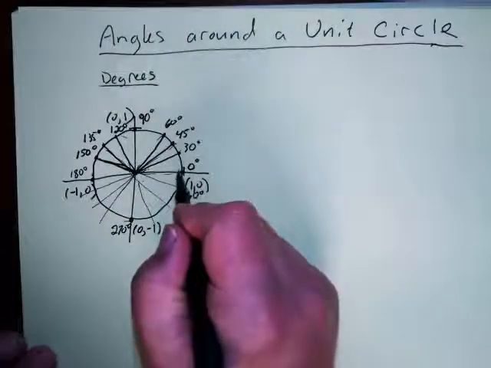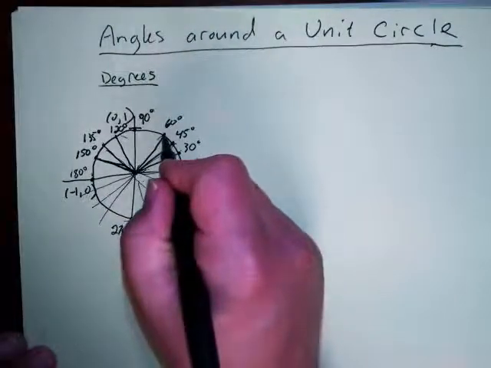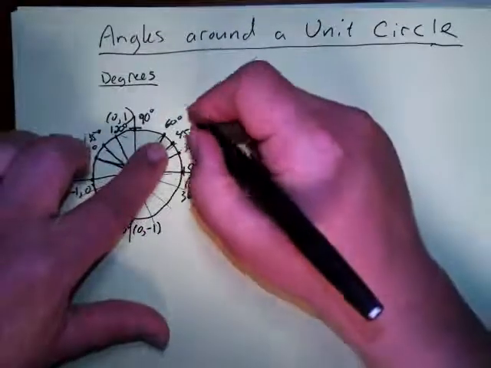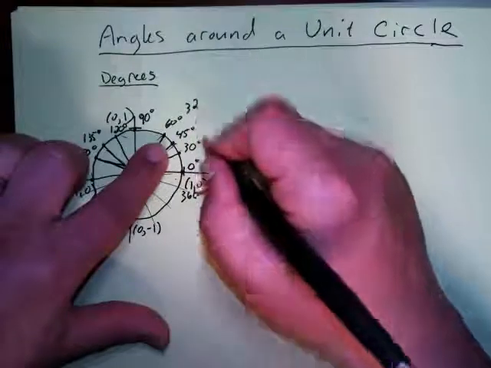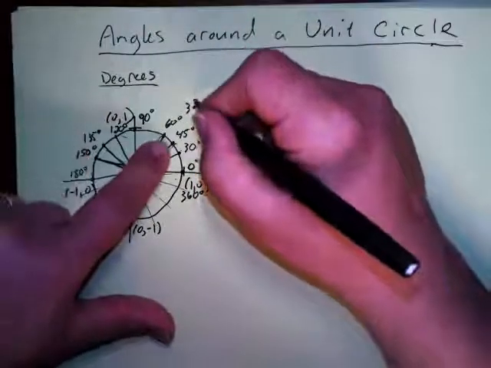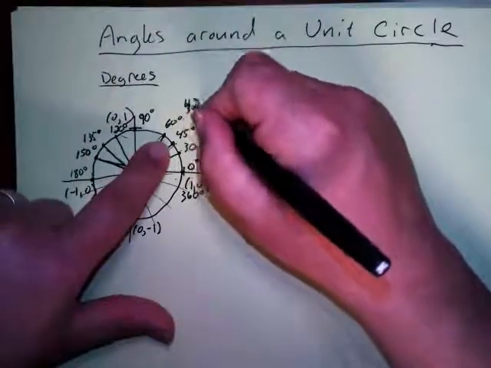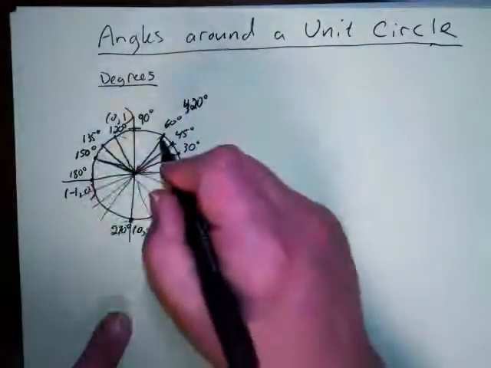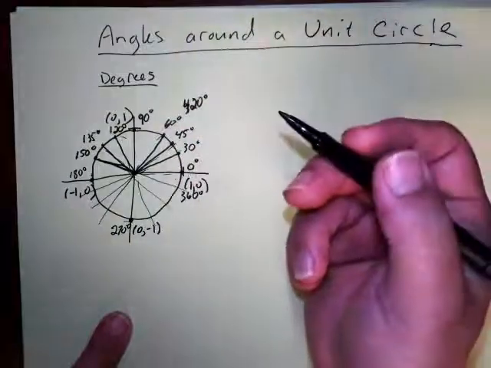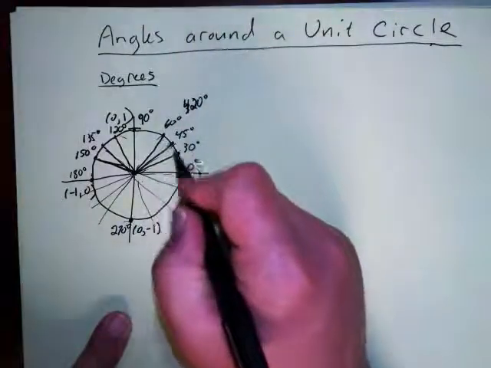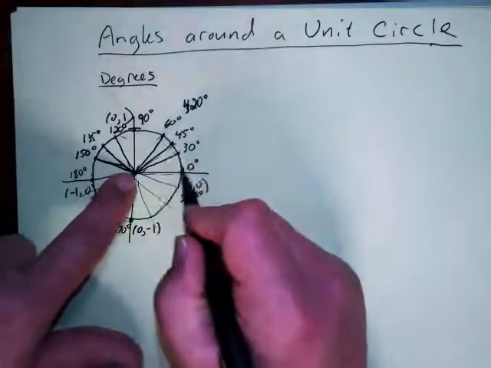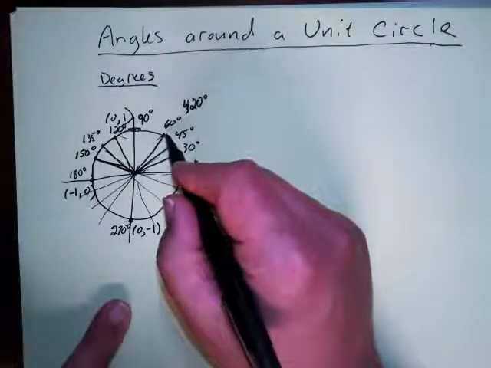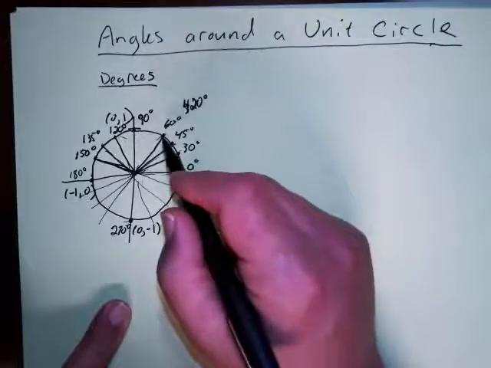And now I could go spin around and stop at 60, or I could go all the way around the circle here and stop at 420. So 60 degrees and 420 degrees are coterminal angles. And so what we're going to find out is the trig values for 60 degrees and the trig values for 420 degrees will be the same.